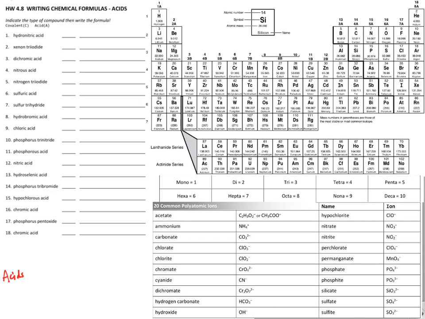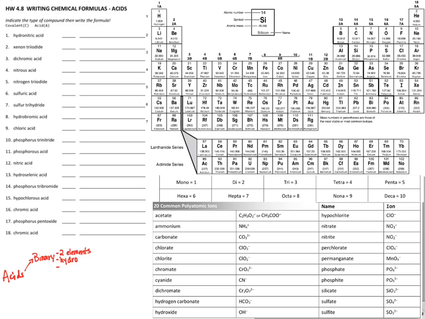The first one that we covered was a binary acid. And we know that binary is going to contain two elements. It's going to have the prefix hydro.